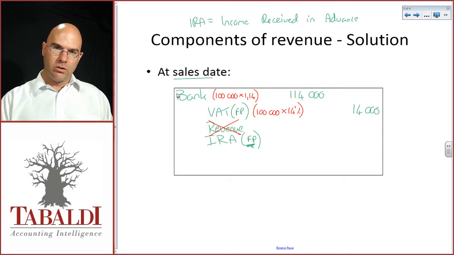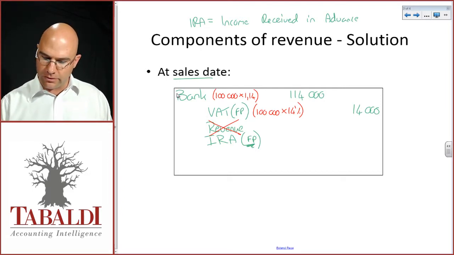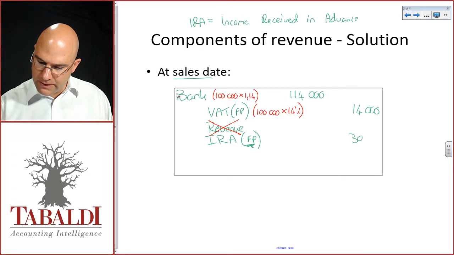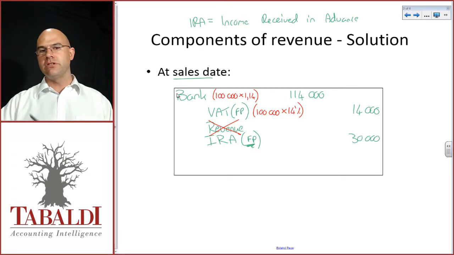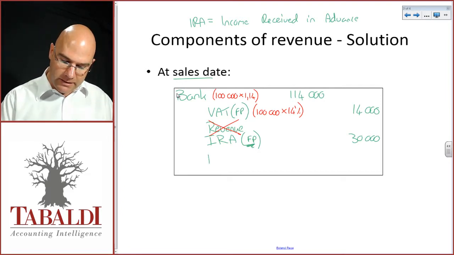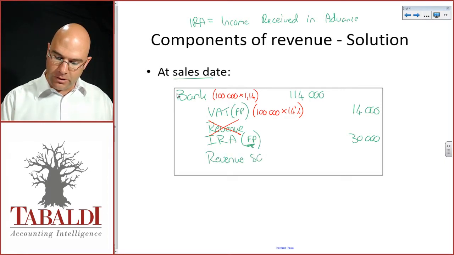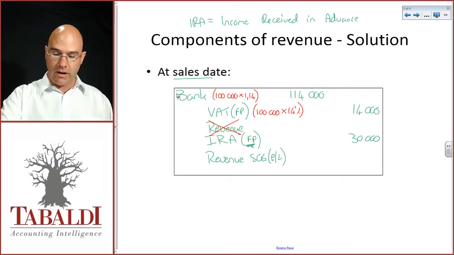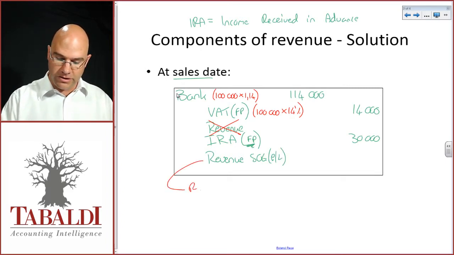Now, do I do this first or the revenue from the sale of goods? I'll always do this first. I'll do income received in advance. We were told specifically that if the motor plan, or the service contract, was sold separately, it would be sold for 30,000. So we'll recognize 30,000. The remaining balance will be revenue from sale of goods in P&L. Why? Because the recognition criteria are met, aren't they? The risks and rewards are transferred.